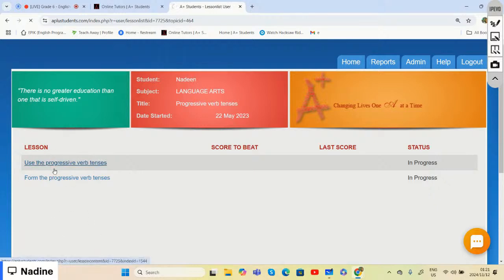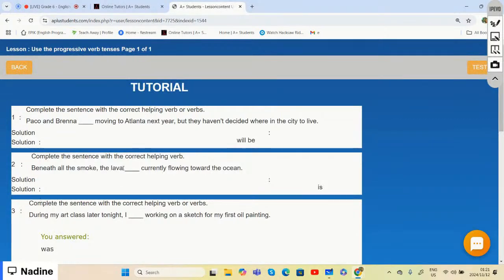So now we're going to use the progressive verb tense. It says Paco and Brenna moving to Atlanta next year, but they haven't decided where in the city to live. What do you think we need to add there in that space? What helping verb?